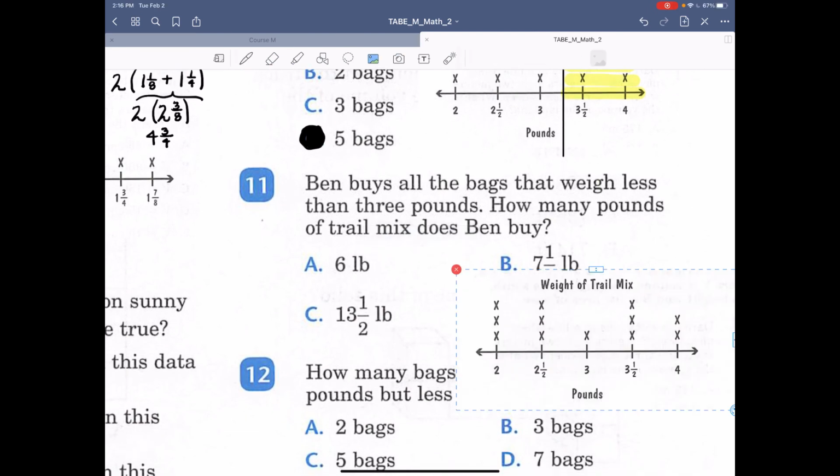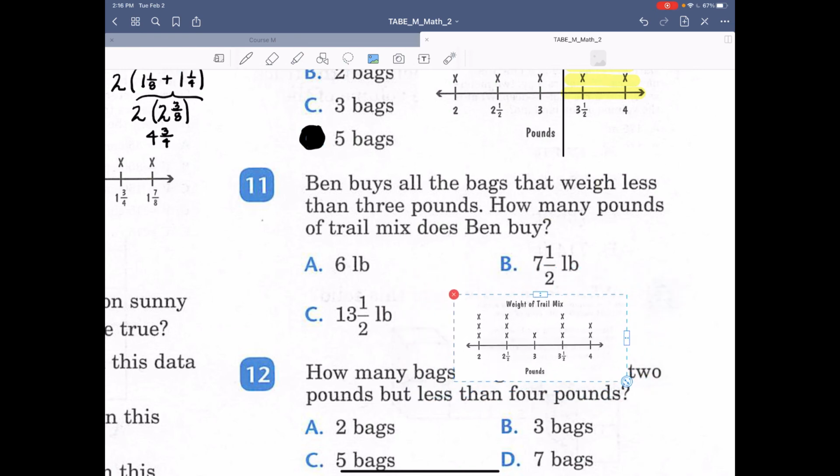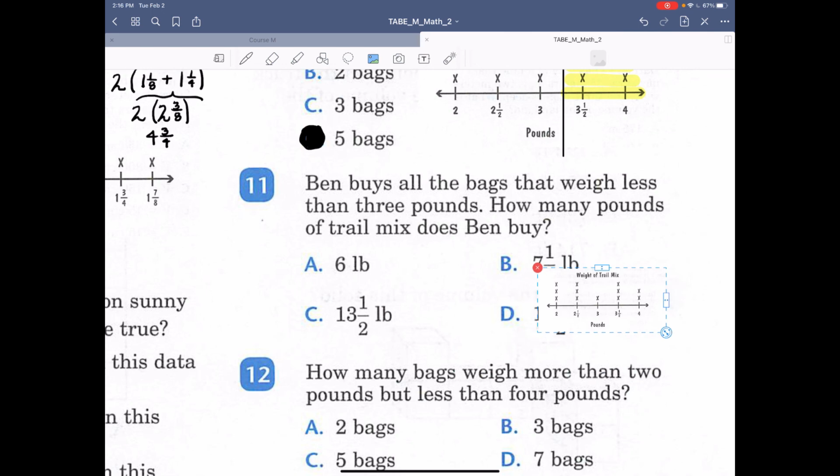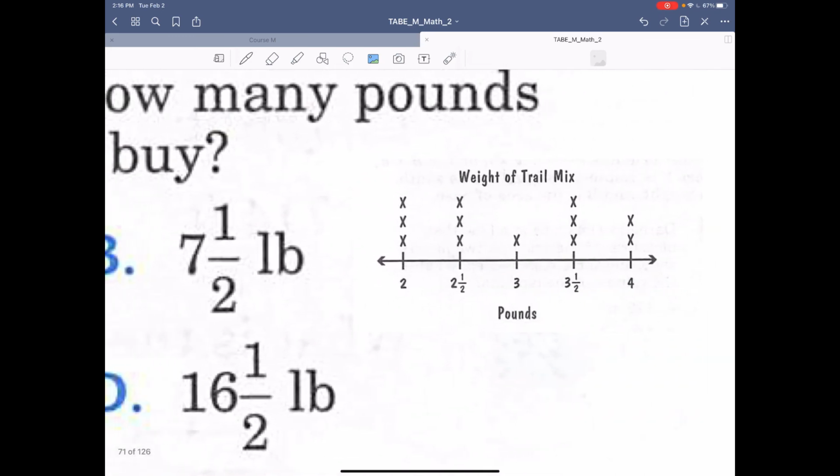Number 11. Ben buys all the bags that weigh less than 3 pounds. So how many pounds of trail mix did he buy? All of the bags that weigh less than 3 pounds. My grammar's getting worse. So here is less than 3 pounds, so the interval is down here. This is what he bought.